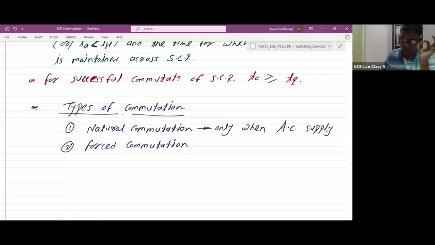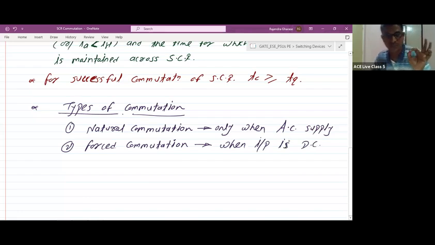So when the input is DC, we need to go for the forced commutation technique. I'm repeating, natural commutation is due to the nature of the AC supply, whereas forced commutation is required in circuits where the input is DC.